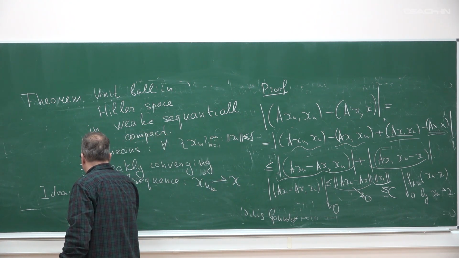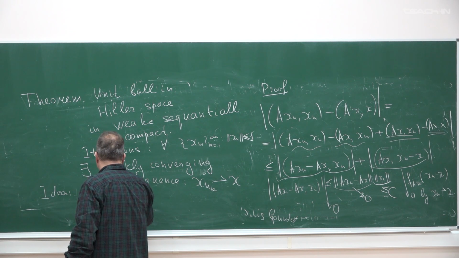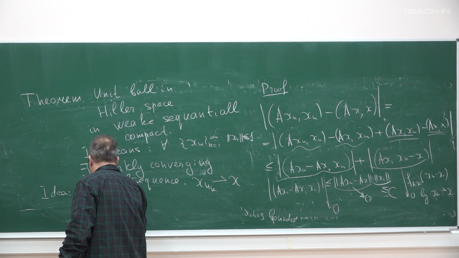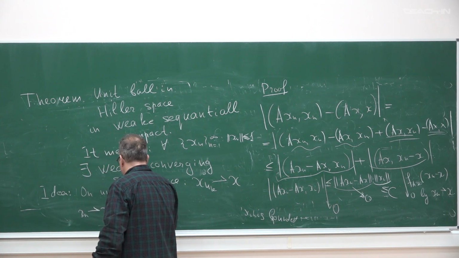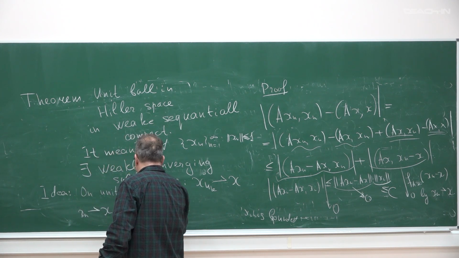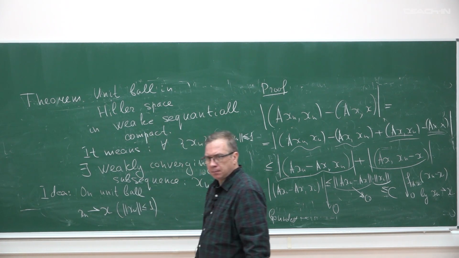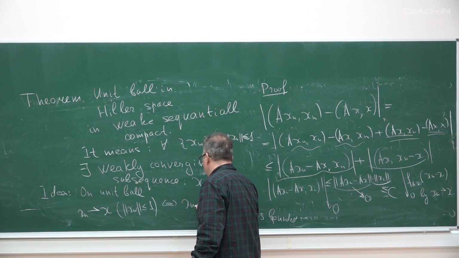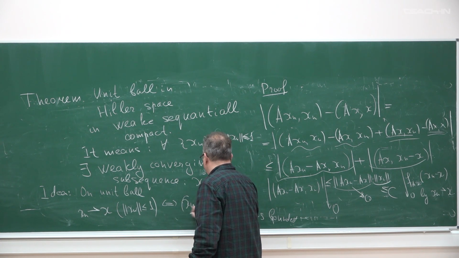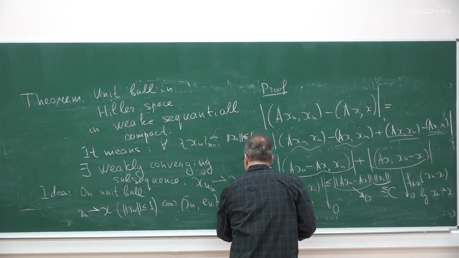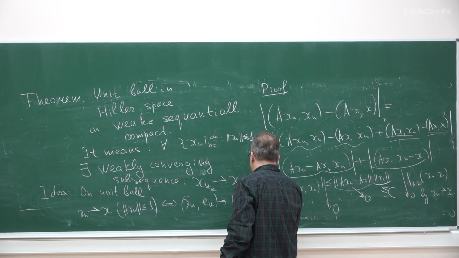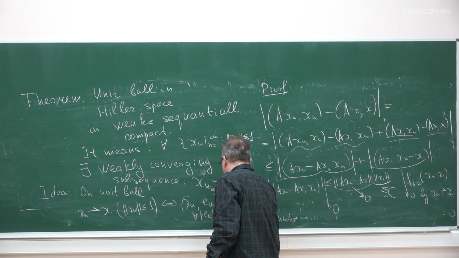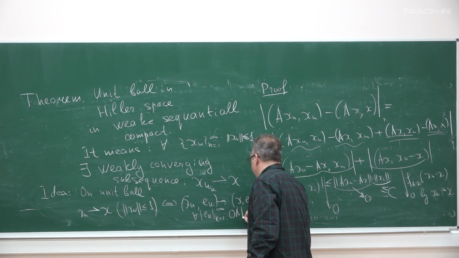On the unit ball, xn tends to x and the norm of xn less than 1 is equivalent to (xn, ek) going to (x, ek) for any orthonormal basis.